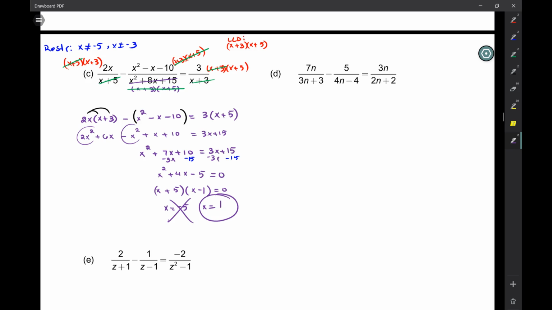Okay. So, what's going to happen here? What are we going to do here? Before that, can we factor 3n plus 1, 4n minus 1, 2n plus 1. Loving this problem already. What are my restrictions?